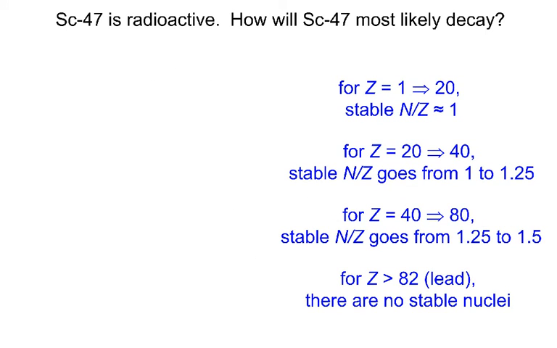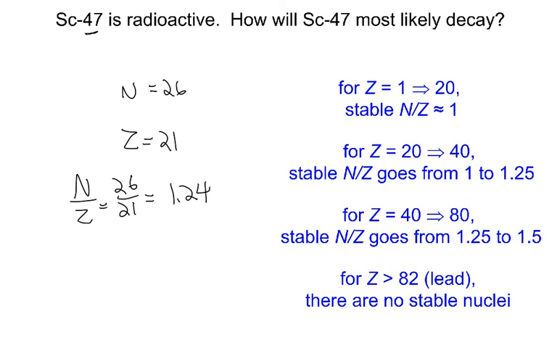All right, finally, we want to do scandium-47. When I go to the periodic table, the atomic number for scandium is 21. So 47 minus 21, we have 26 neutrons. So my N to Z ratio comes out to be 1.24.